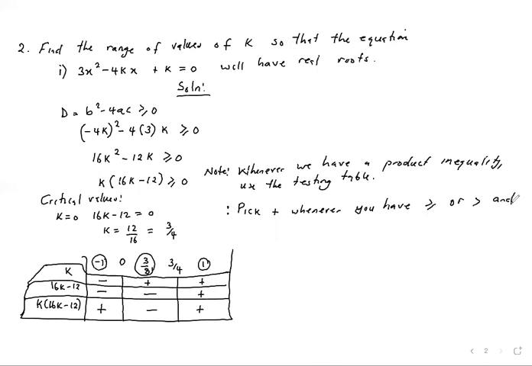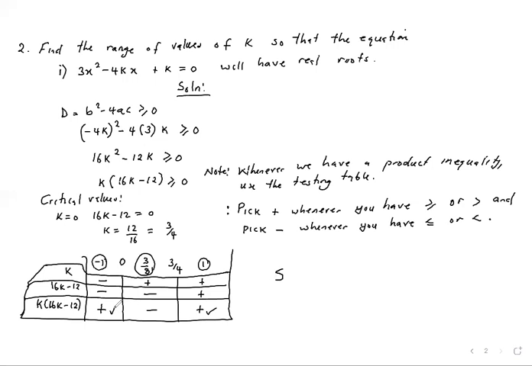And pick negative whenever you have less or equal to or less. So what we have is greater or equal to. So we pick the positive.